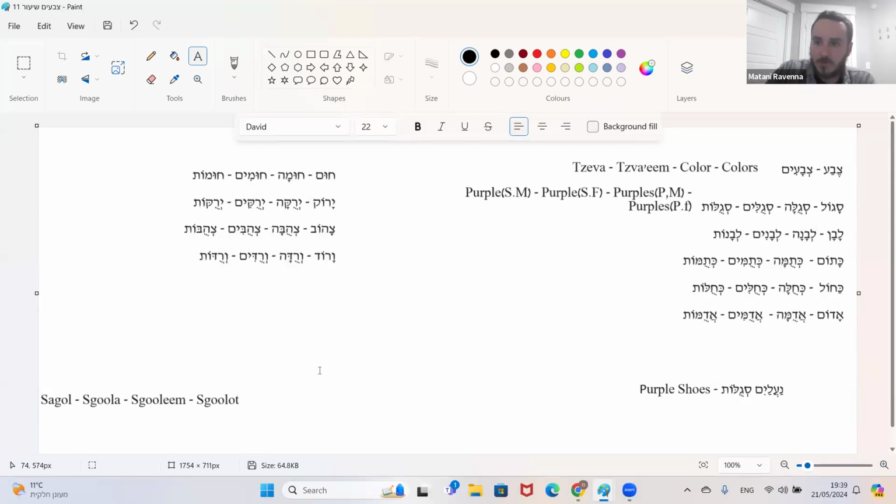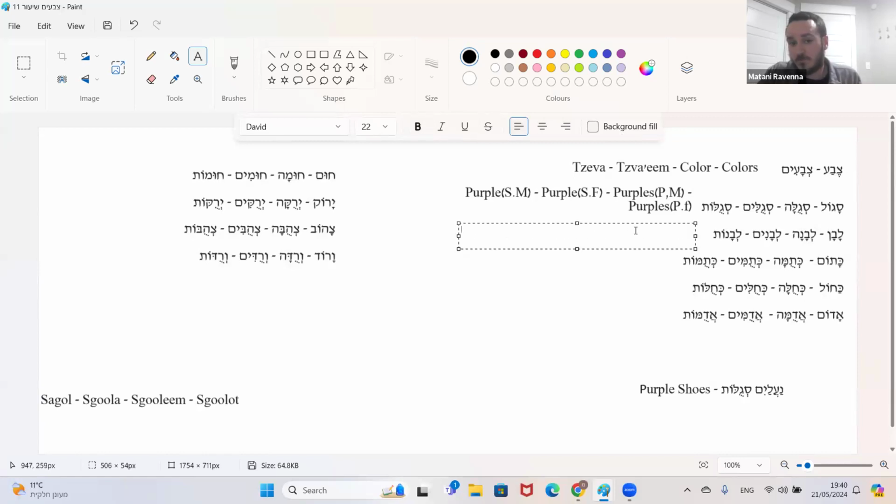Sagol, Sgula, Sgulim, Sgulot. For the sake of maintaining space on my board here, the order is the same. Singular male, singular female, plural male, plural female. I'll just do the transliterations and decide.